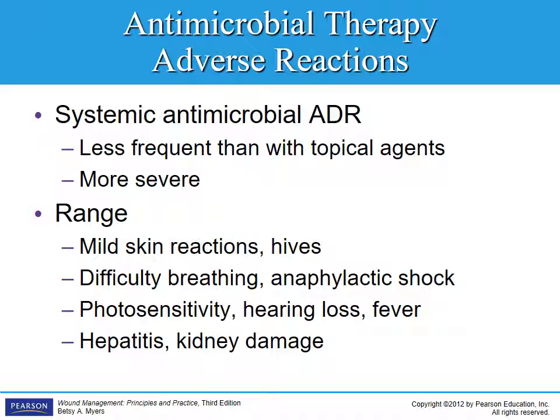So this is an adverse reaction. A systemic adverse drug reaction, an ADR, that you might see with an antimicrobial. You see them less frequently with systemic antimicrobials than you do with topical agents, but when you see them, they're more severe. So someone who reacts to a systemic antibiotic or antimicrobial is going to have a much more severe reaction than someone who reacts to a topical.